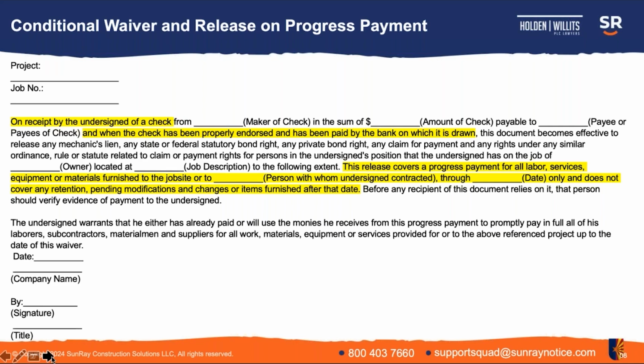And then the third part I want to discuss briefly on this form of waiver is it says this release covers a progress payment for all labor, services, equipment, or materials furnished to the job site or to the person with whom the claimant contracted through, and then it provides a spot where you can include a date.